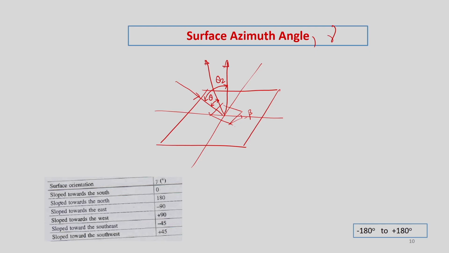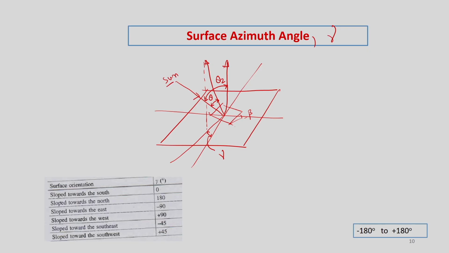Now, if we project this normal of the inclined surface on the horizontal plane, this angle is gamma. How can we define this? So, this is the sun.